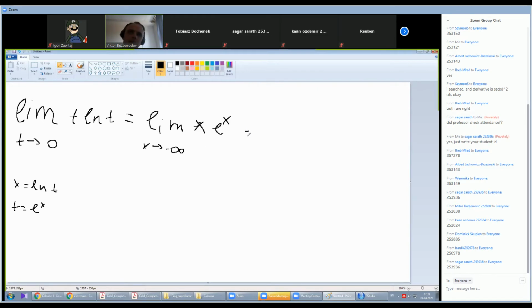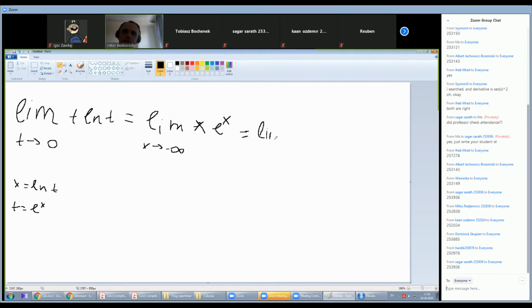Of course, you can also use L'Hopital's rule here, but the exponential function grows faster than the polynomial.